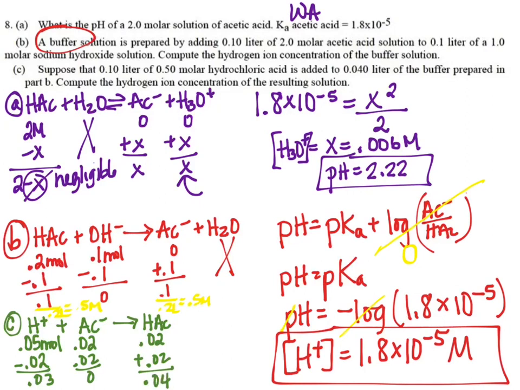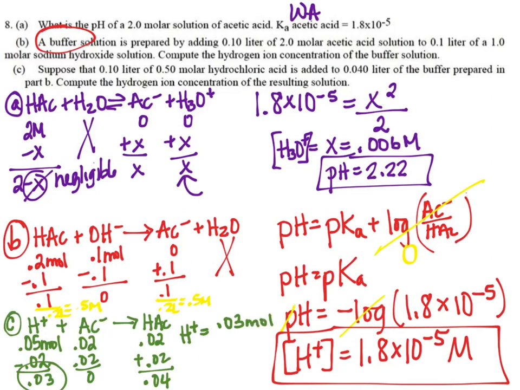And we're left in a situation where we have a strong acid and a weak acid left over. So, who won the war? The strong acid. So we're going to use these moles, that 0.03 moles. So we have H plus is equal to 0.03 moles.